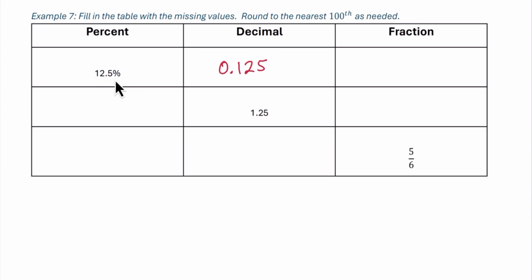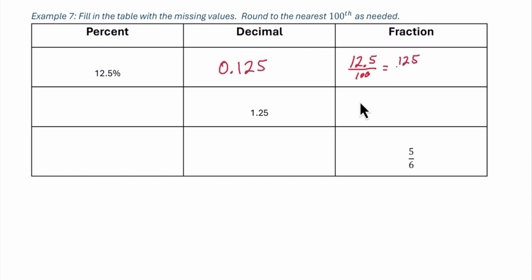As a fraction, remember we're starting with 12.5%. If we drop the percent sign, we can simply divide by 100. And then we need to move the decimal point in the numerator to the right, which means we have to do it in the denominator as well.